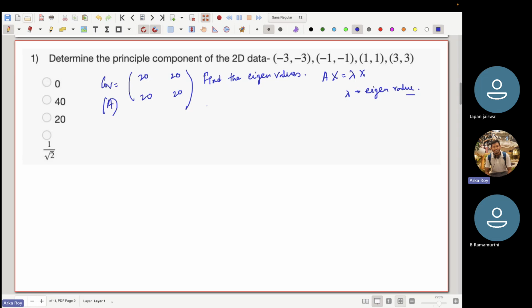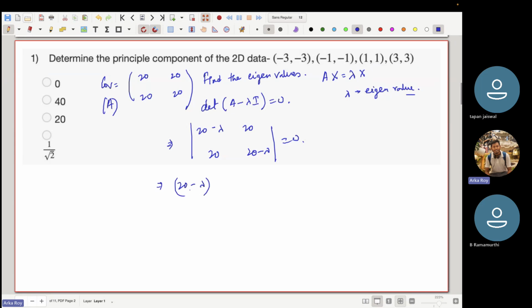To find the eigenvalue, we have to calculate the determinant of A minus lambda I equals 0. Therefore, it is 20 minus lambda, 20, 20, 20 minus lambda equals 0.